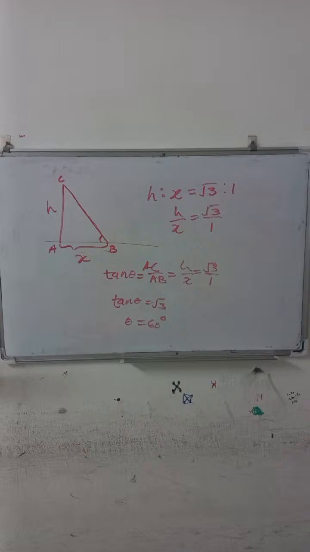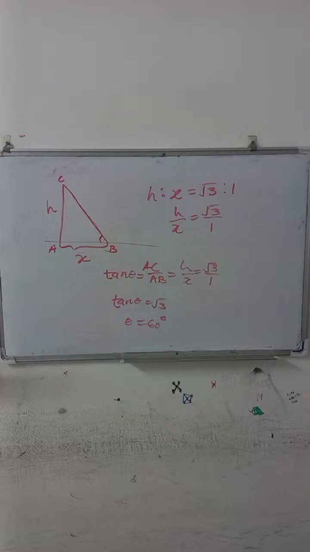And D: 25 root 3 divided by 3. Okay, I will repeat the options. 25 root 2, 25 inside the bracket 1 plus root 2, C 20 root 3, D 25 by root 3 meter. Okay, these are the options.